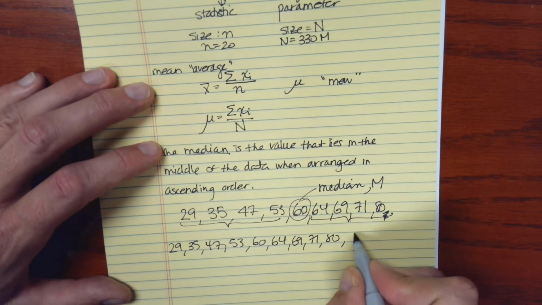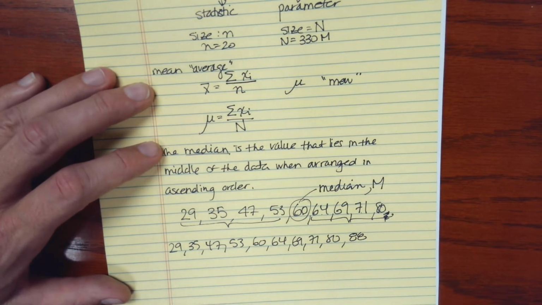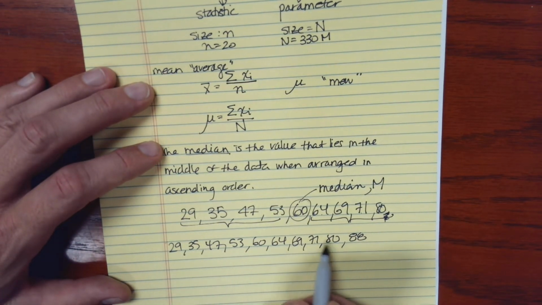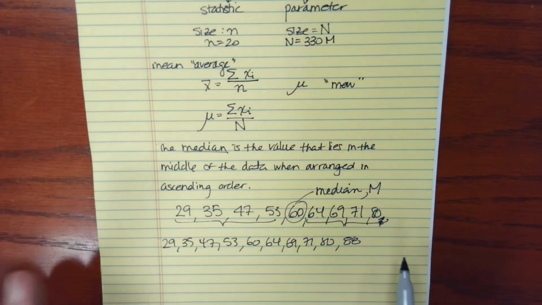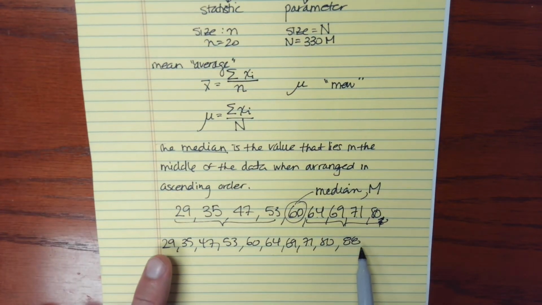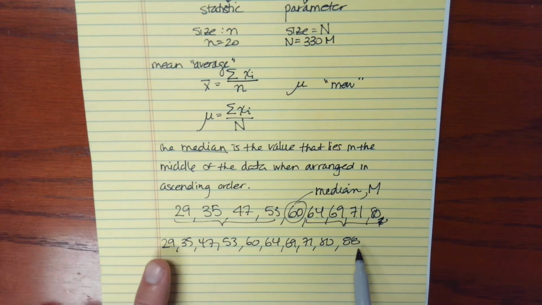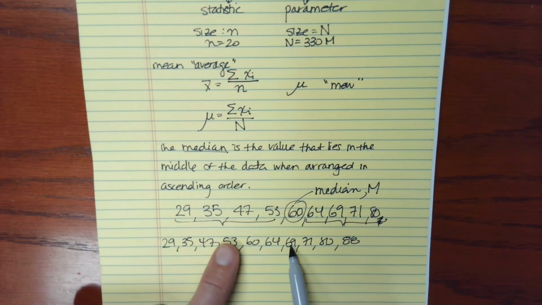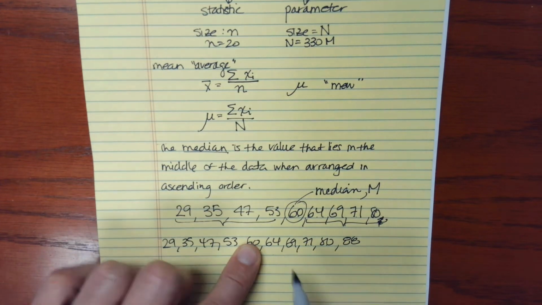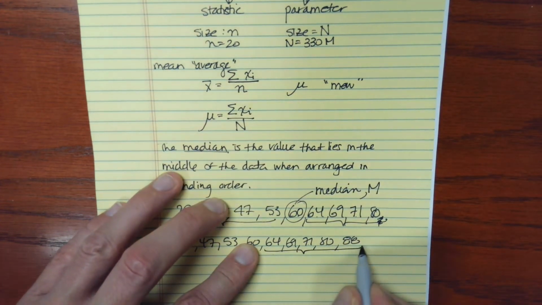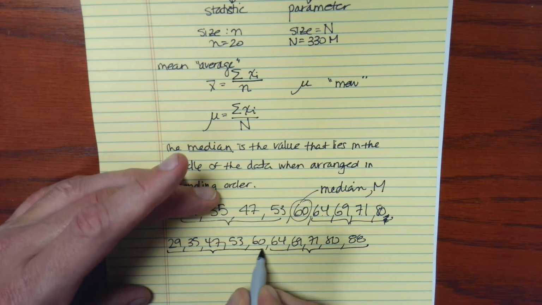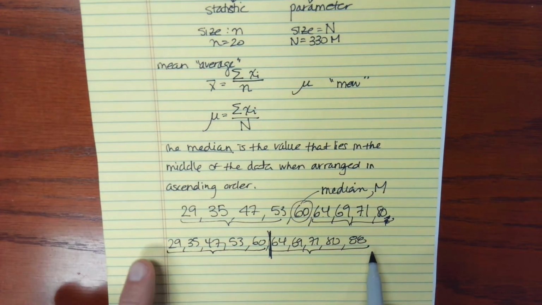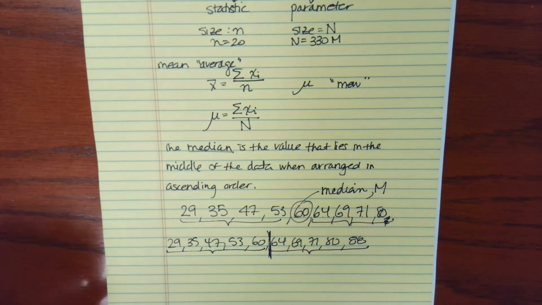Now, what if I were to use these same values but add one more, maybe 88. So now I have 1, 2, 3, 4, 5, 6, 7, 8, 9, 10. If I use the same strategy of counting towards the middle from both ends, I have 5 in the top half and 5 in the bottom half, but there's no value that's left in the middle because I had an even number, so they divide evenly into 2 groups.